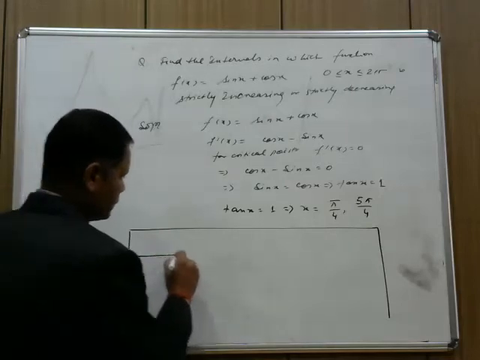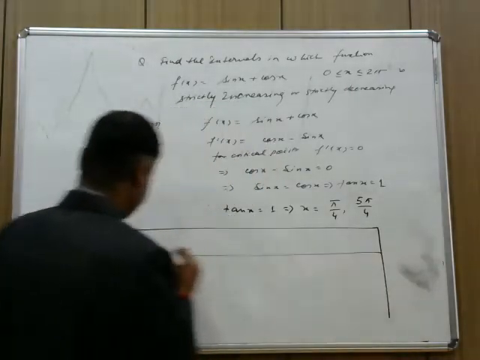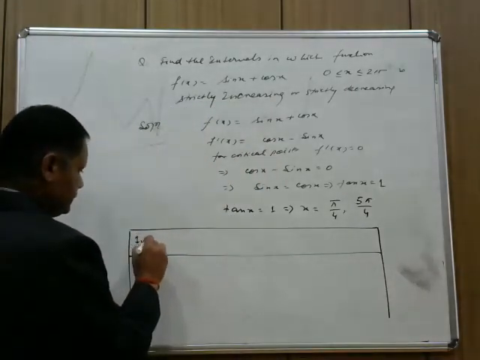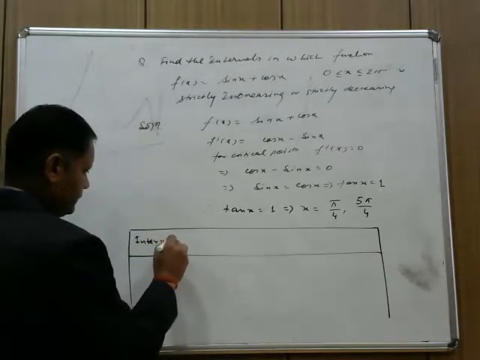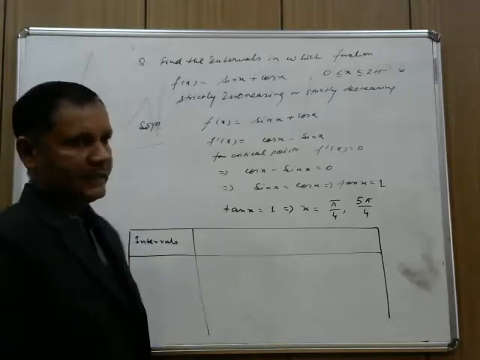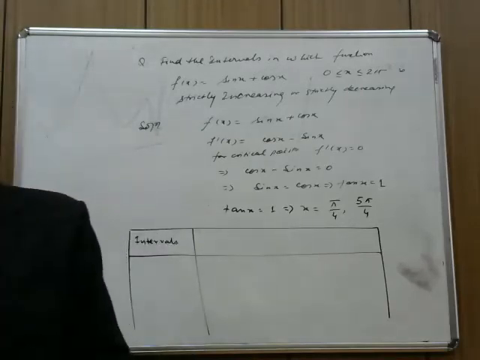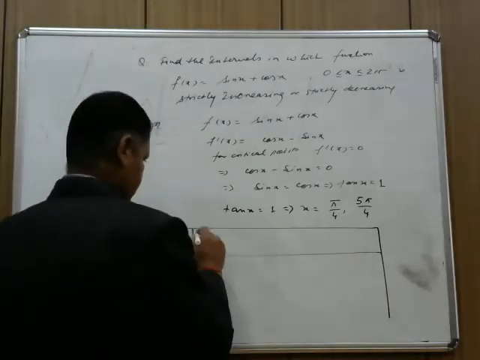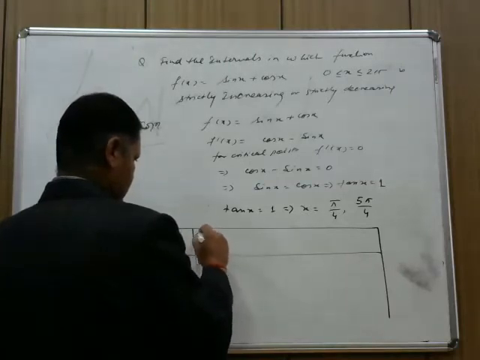The first column is for intervals. The second column is for the testing value, or at what we are testing it. Test value.